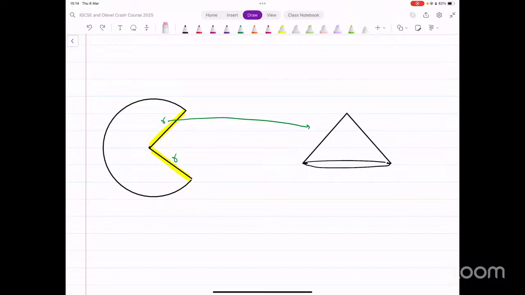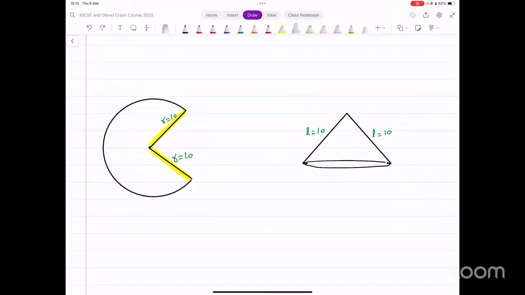Let's say this value of the radius is 10, and this value of the radius is also 10. When it becomes that cone in 3 dimensions, the slant height of that cone becomes 10. So this radius in that cone becomes slant height. So what you're doing is you're putting these radii on top of each other.